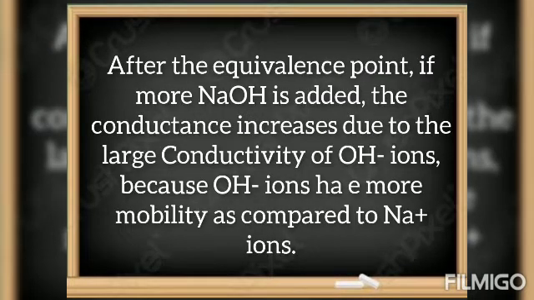After the equivalence point, if more sodium hydroxide is added, the conductance increases due to the large conductivity of OH- ions, because OH- ions have more mobility as compared to Na+ ions.